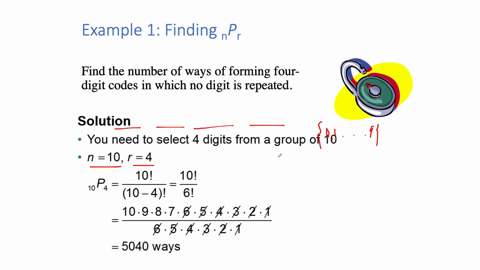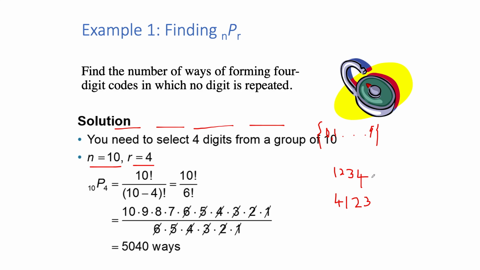So if I think about it, I could have two different codes, 1, 2, say 3, 4. That's one code, that's a 4-digit code. Or I could have, say, 4, 1, 2, 3. Okay. So if I think about these two cases, the same 4 digits are used in either code, right? It's 1, 2, 3, 4 or 4, 1, 2, 3. They have the same 4 digits.